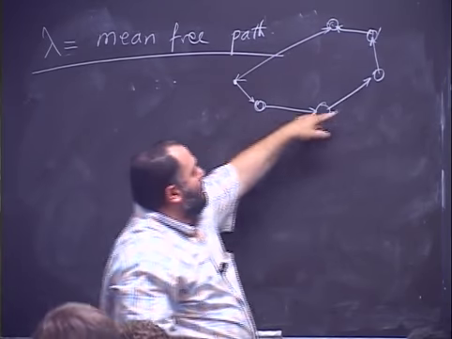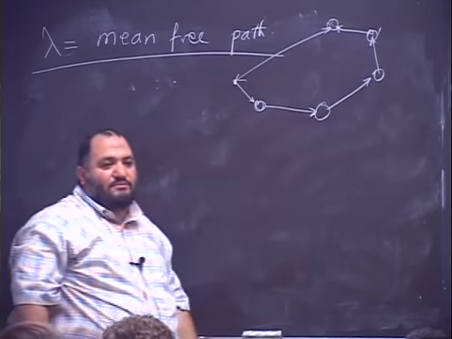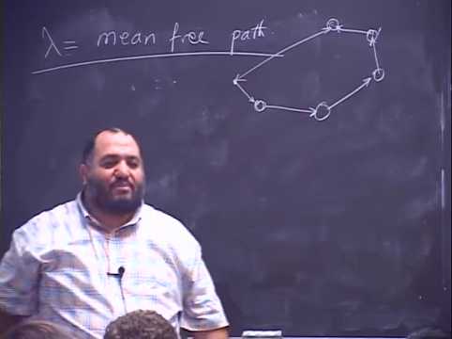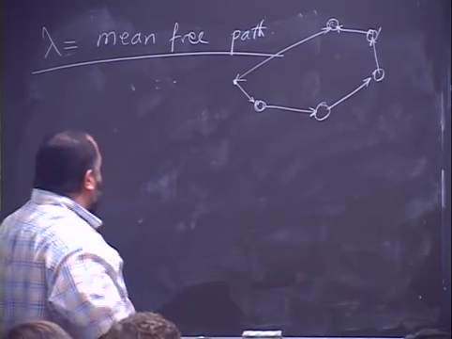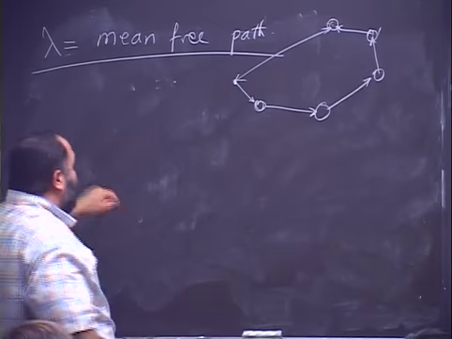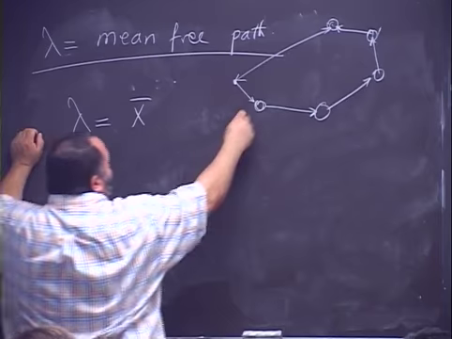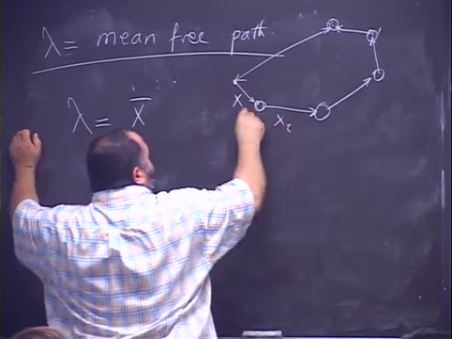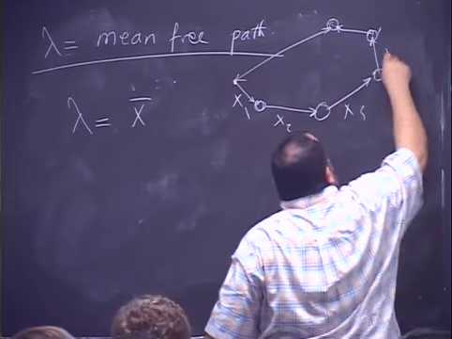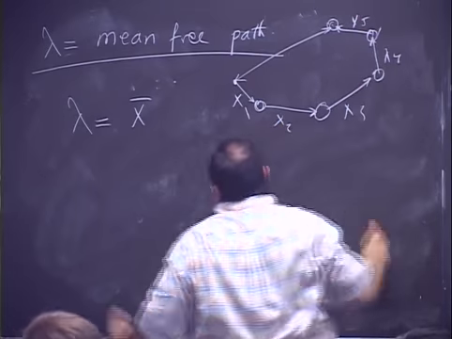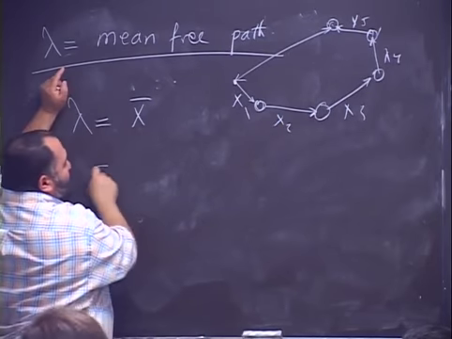The average of all those interactions, say passes or something like this. I will end up just after I finish this. In order to calculate this lambda, which is the average distance, x1, x2, x3, x4, x5. So the average. How do you calculate the average?